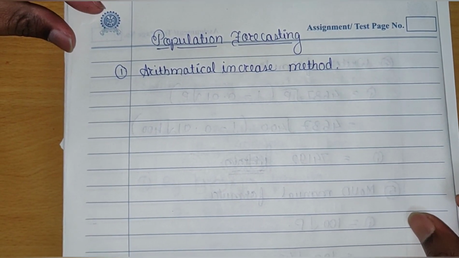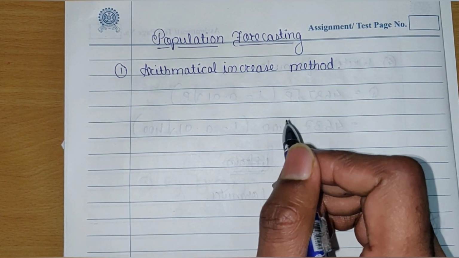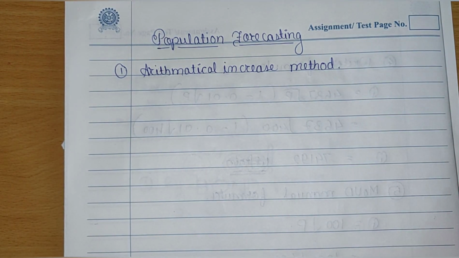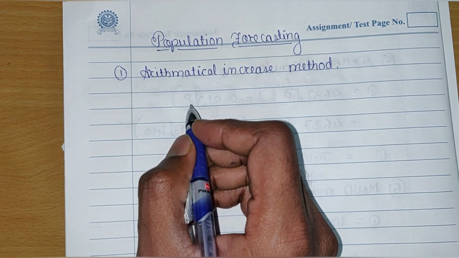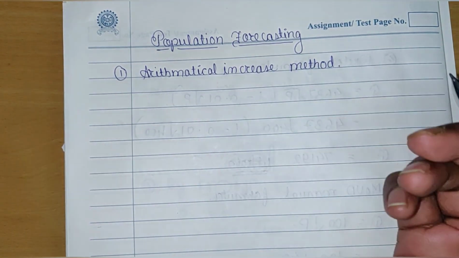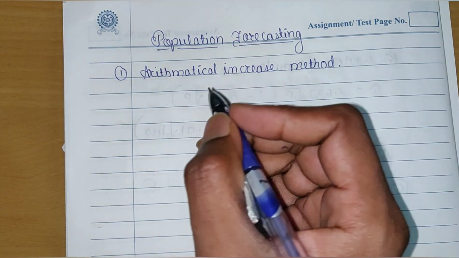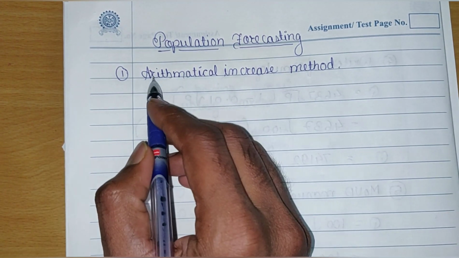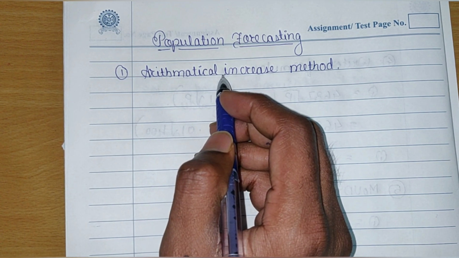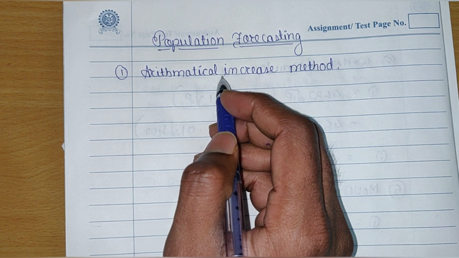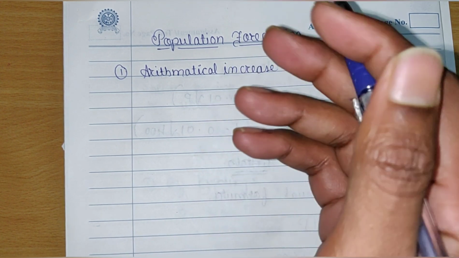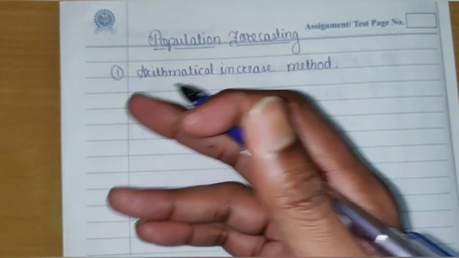In this video we will see how to calculate the forecasted population, or how to calculate the population in the future. There are n number of methods used to find the forecasted population, such as the arithmetical increase method, geometrical increase method, incremental increase method, decrease rate of growth method, graphical extension method, zoning method, or master plan method.